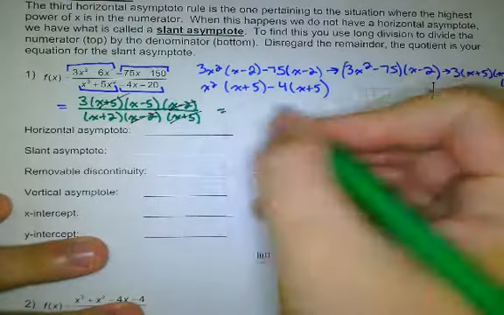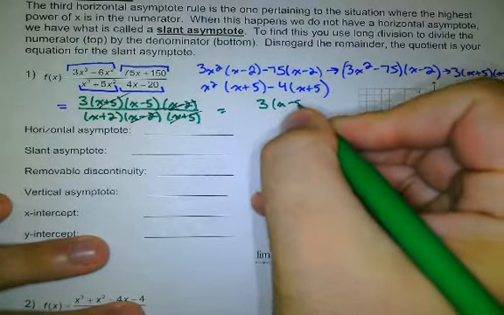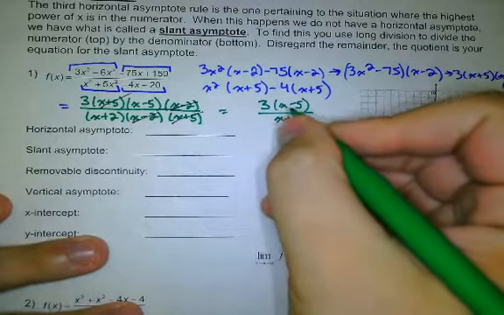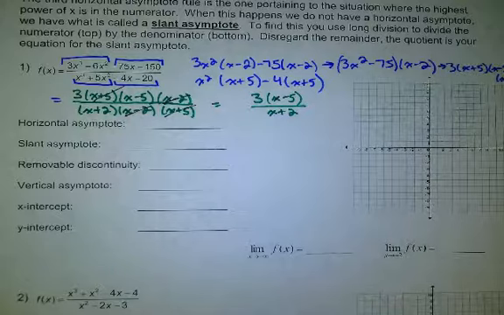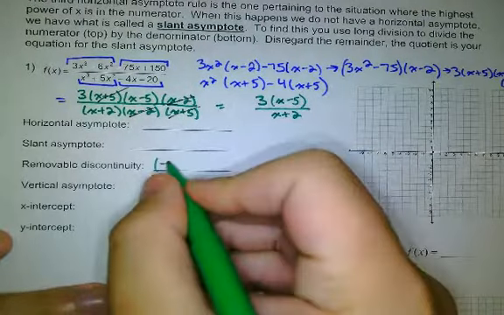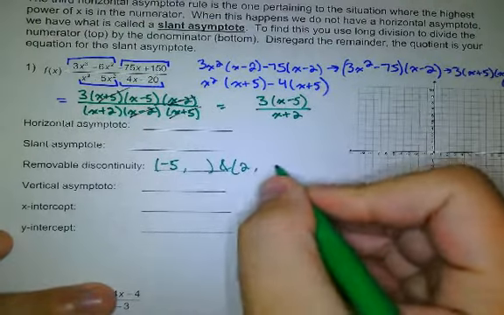So my brand new function I'm using in everything is going to be 3(x minus 5) all over (x plus 2). And I had holes in 2 places, at negative 5 comma something, and 2 comma something.